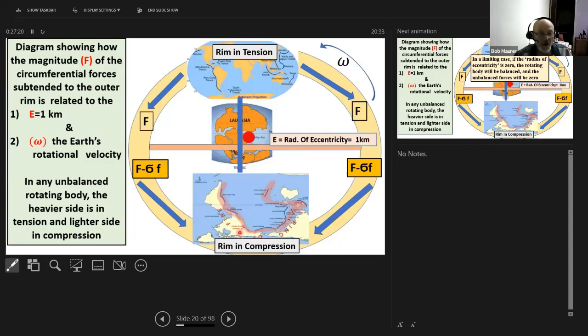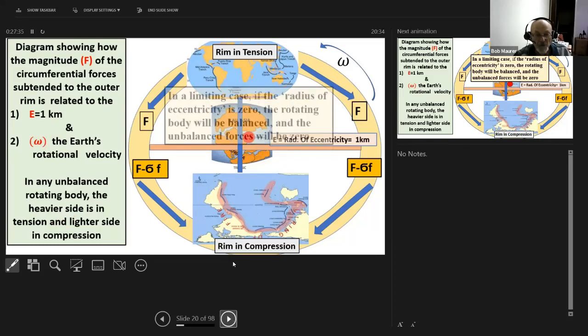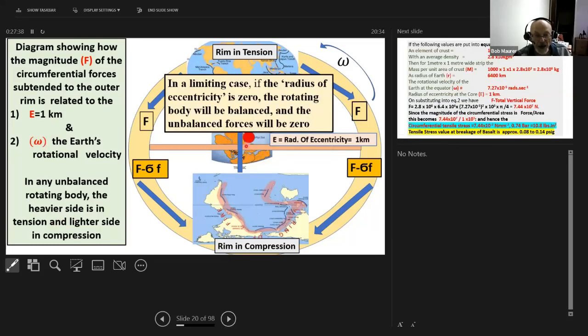So we've got a diagram showing the magnitude of the forces with these offsets of 1 kilometer and the Earth's rotational velocity. The heavier side is in tension, the lighter side in compression. You see that all the time. We see that in a limiting case, if these two were together, then everything would be balanced.